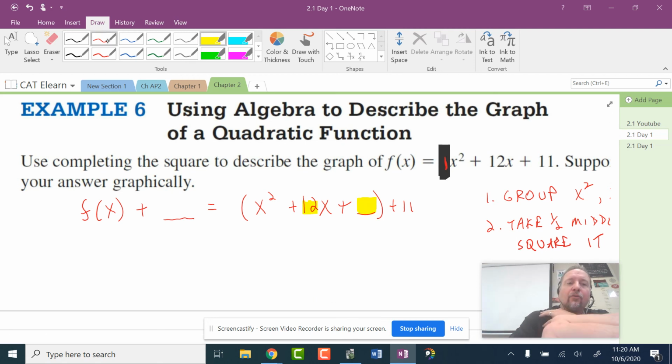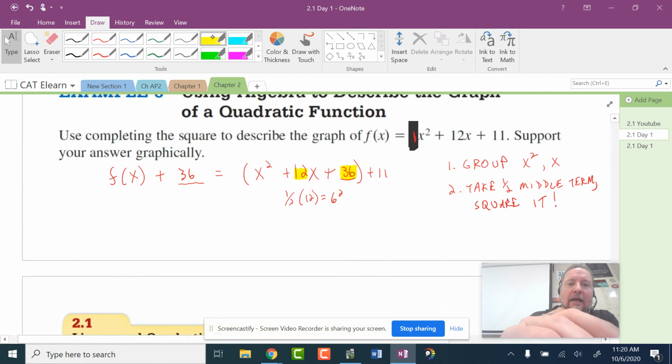It's this one. We're creating a perfect square trinomial by taking half of 12, which is 6, and then 6 squared is 36. Whatever you do to one side, you do to the other. You got to keep balancing the equation. And now what you've created is a perfect square trinomial.